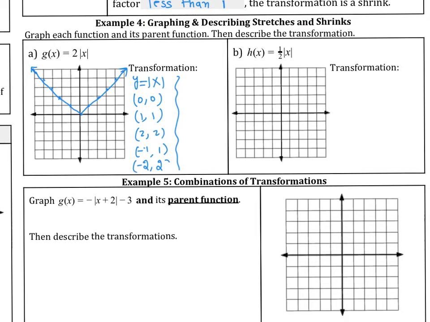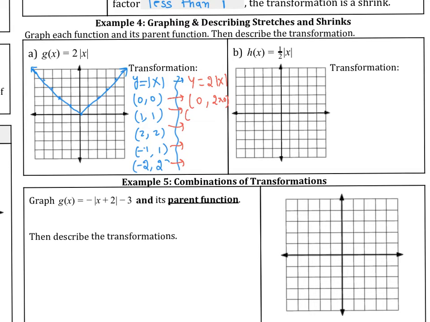Now, if you want to make the function y equals 2 times absolute value x, then for each point that you see, the y coordinate will be multiplied by 2. So the y coordinate of these points will be multiplied by 2.